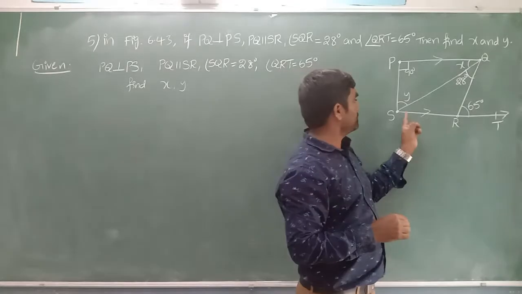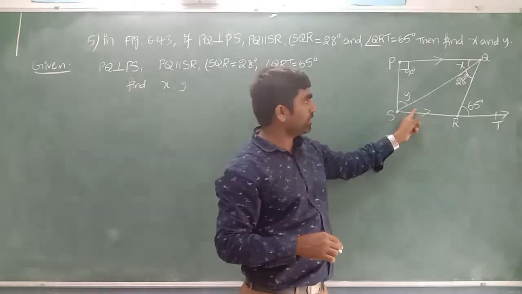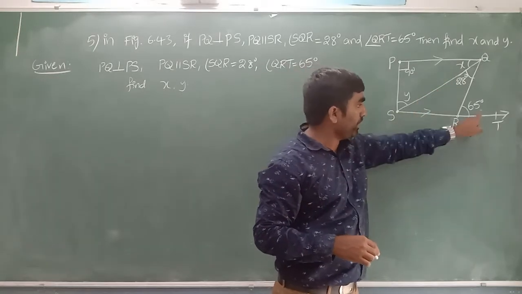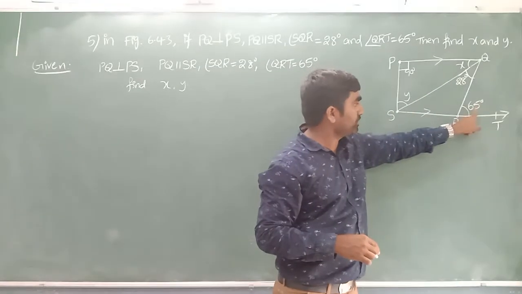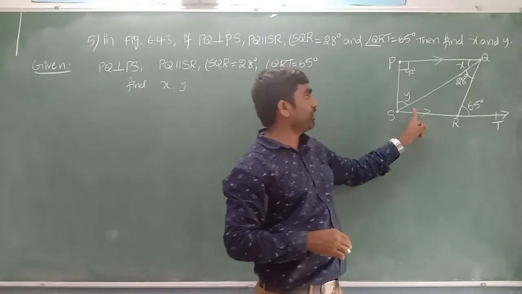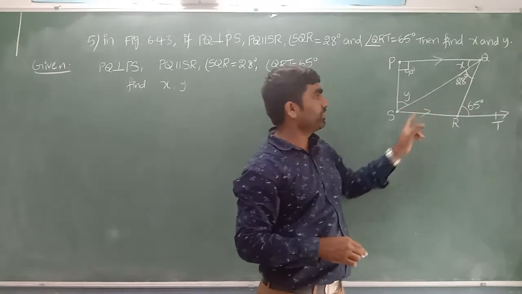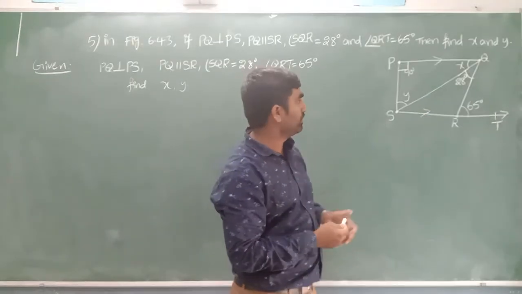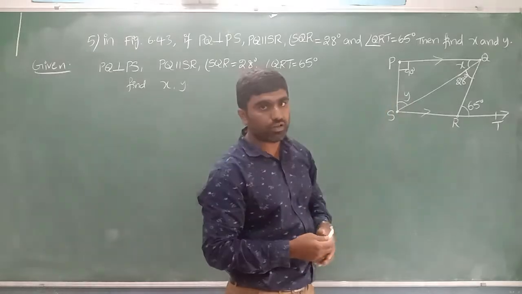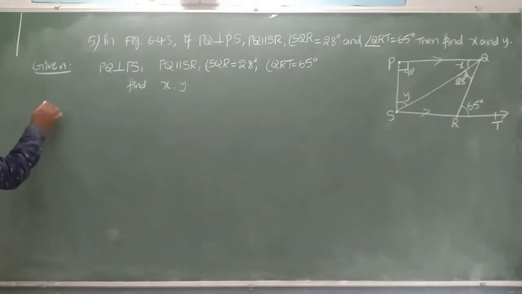One way is from triangle SQR, where x is given by alternate angles, and we can apply the exterior angle property. 65 is the exterior angle, and the exterior angle is equal to the sum of the two interior angles, so 65 is equal to 28 plus x. From there we will find the x value. Similarly we will think about y also. Now let us go to the solution to find x.